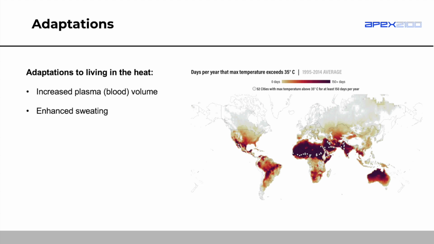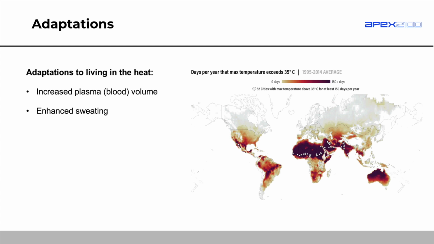So when we adapt to the heat, this often involves an increase in our plasma volume, our blood volume, which helps to maintain our blood pressure and improves our cardiovascular efficiency during exercise, especially because when we lose fluids through sweating, some of that comes from that plasma. So you want to be able to have more plasma there to maintain a more normal blood volume.